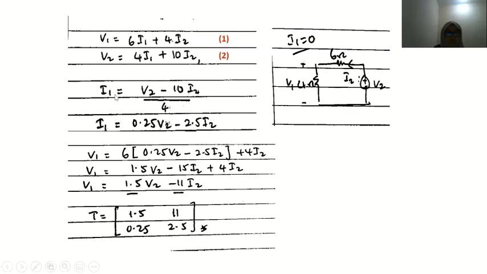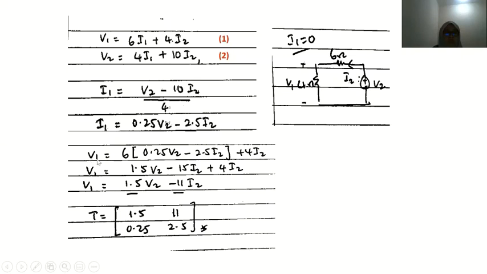Your I1 is equivalent to V2 minus 10 I2, from equation 2, divided by 4. So you get your I1 is equal to 0.25 V2 minus 2.5 I2. Then you substitute this I1 into your first equation.